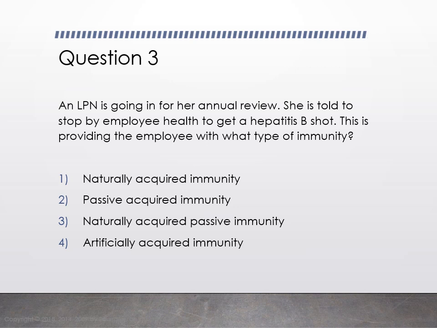All right, guys, the answer here is number 4. This is artificially acquired immunity. This is achieved through an injection of vaccines that contain dead organisms such as polio, measles, influenza, and hepatitis B vaccine. So the answer here is 4.